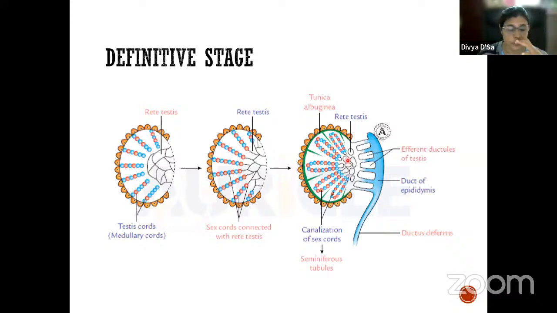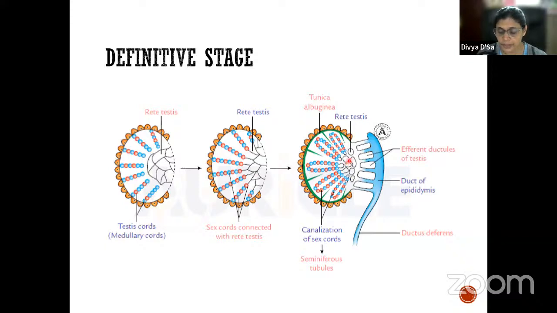This is how it is formed: near the medullary end, towards the hilum, the medullary cords regress and form cell strands, which anastomose with each other. Then the medullary cords become horseshoe-shaped and get canalized to form the seminiferous tubules. These cell strands also get canalized and form the rete testis.